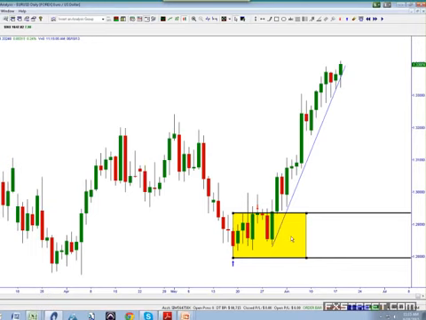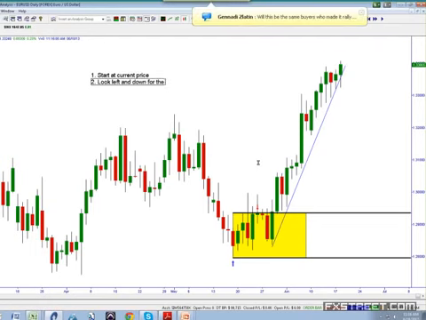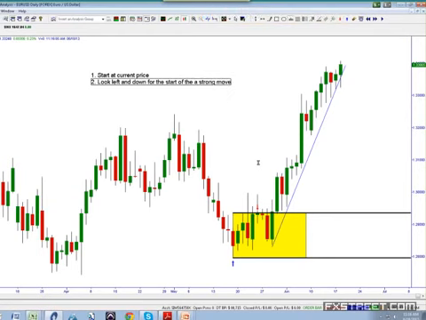So key things I'm focusing on here. Number one, start at current price. Number two, look left and down for the start of a strong move.